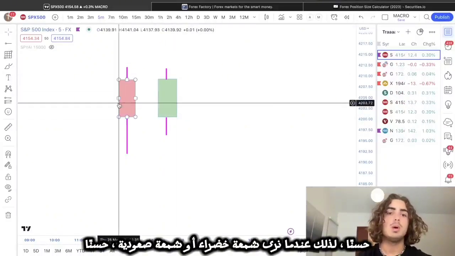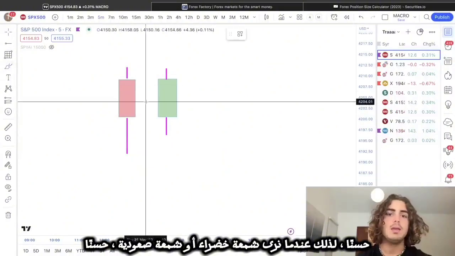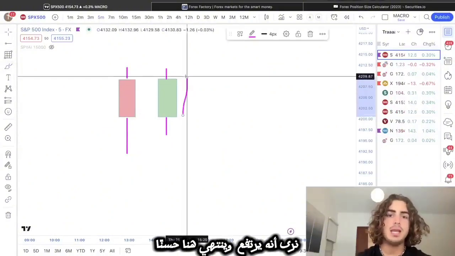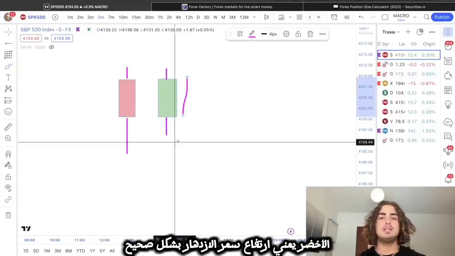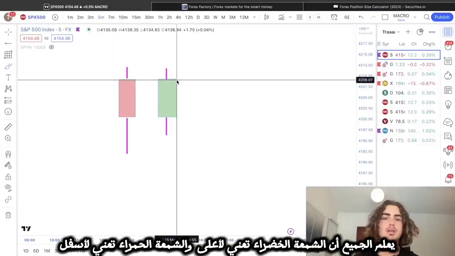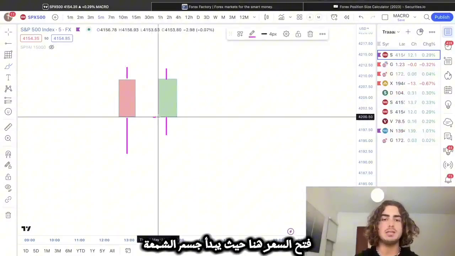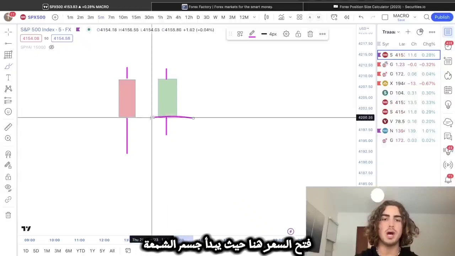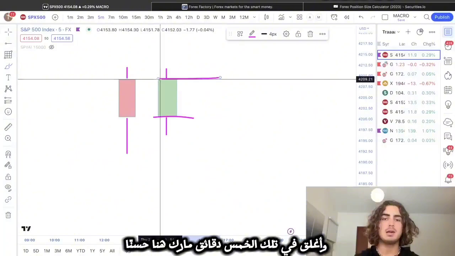So when we see a green candle or a bullish candle, we see that it goes up and it ends right up here. Green means price went up. Everyone knows a green candle means up and a red candle means down. So, in this instance, price opened right here where the body of the candle starts, and it closed at that 5-minute mark right here.